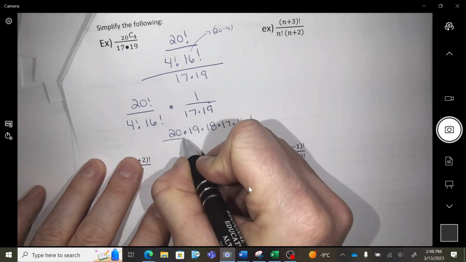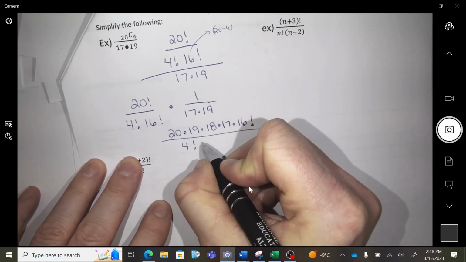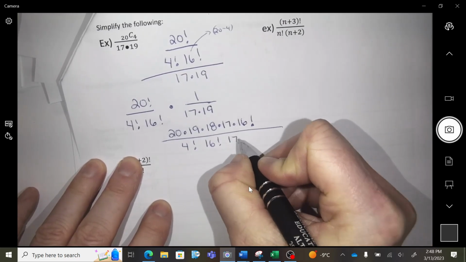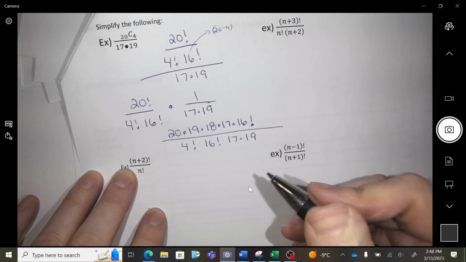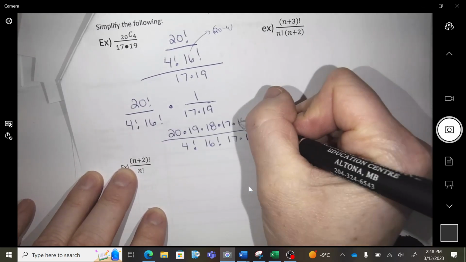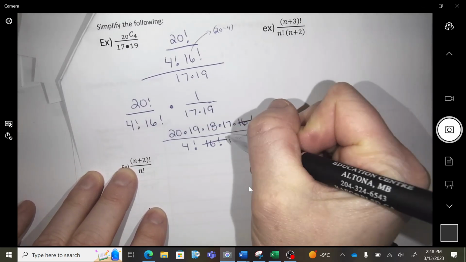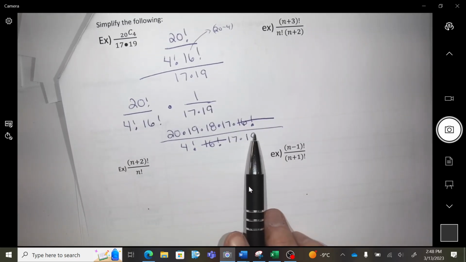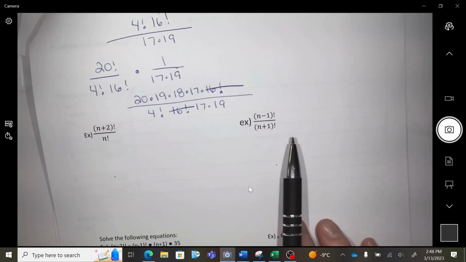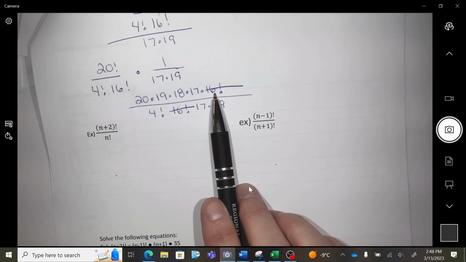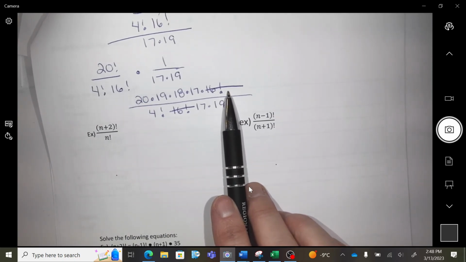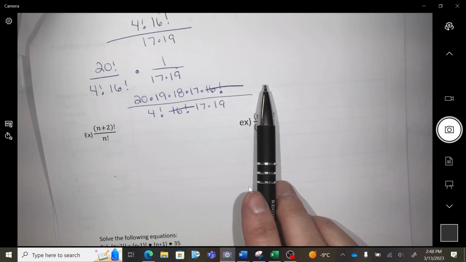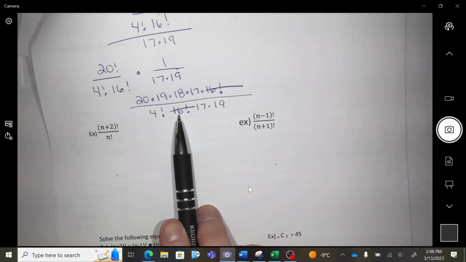Okay. So if I had really expanded this entire thing like that, the 16 and then everything beyond it, 15, 14, 13, right? Do you see? It would all cancel out with that.